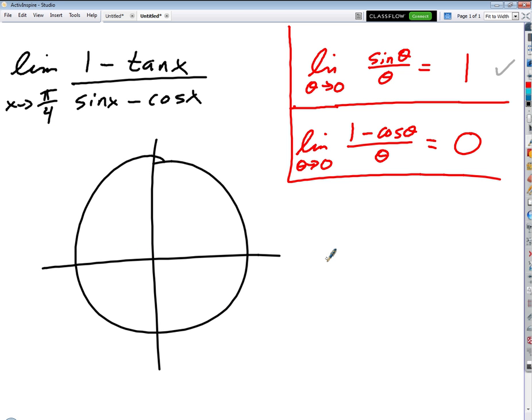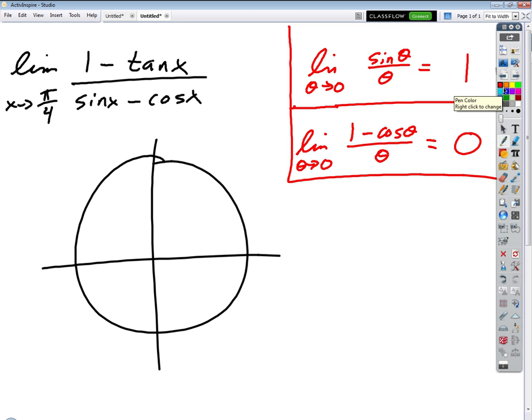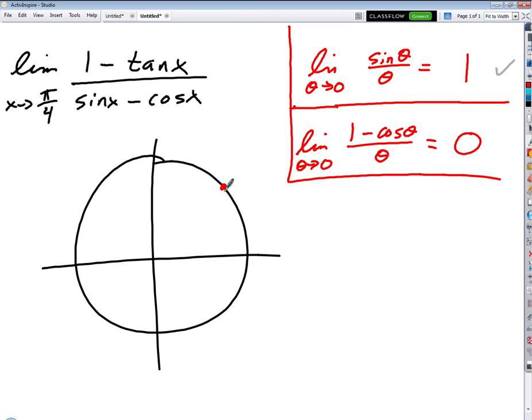Okay, where's pi fourths? Okay, so I interpret that as right there, right? That's pi fourths. Pi fourths, what are the coordinates? Square root 2 over 2. And? Square root 2 over 2. Because we're in quadrant 1, right?